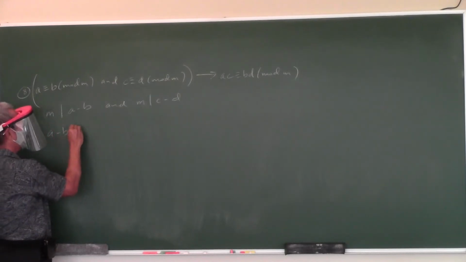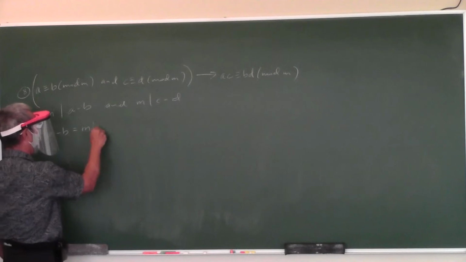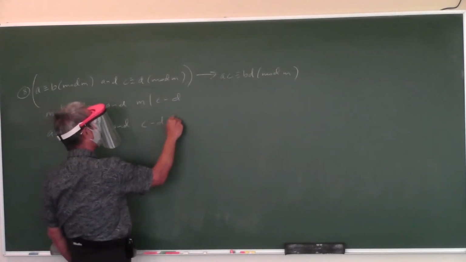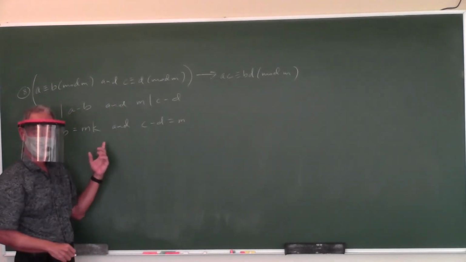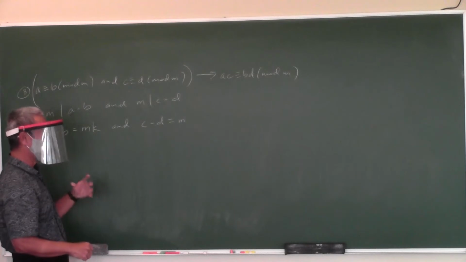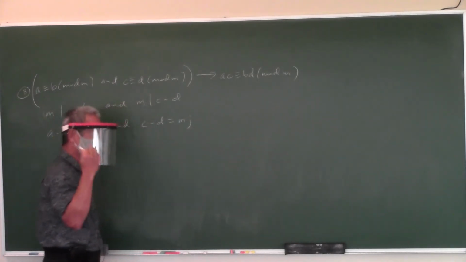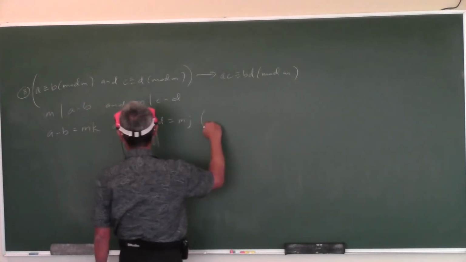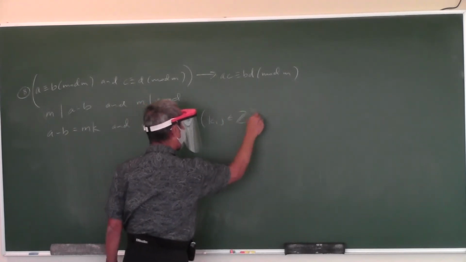A minus B is equal to M times some integer, so K. And C minus D is equal to M times some integer. Can I use K again? No, because it doesn't have to be that same integer, so you have to come up with a different letter. I think I used J when I worked it out there. And then you have to say K and J are elements of the integers.